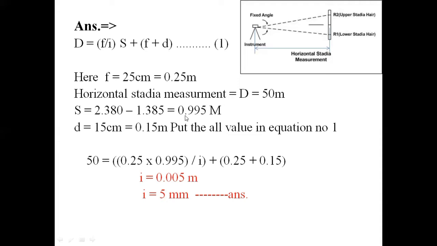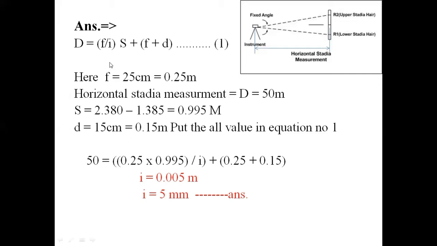The value is 0.995 meter. Here R2 is 2.380 meter and R1 is 1.385 meter. The distance from the optical center to the vertical axis is D; you can go through it in the previous video. Then D is equal to 0.15 meter.